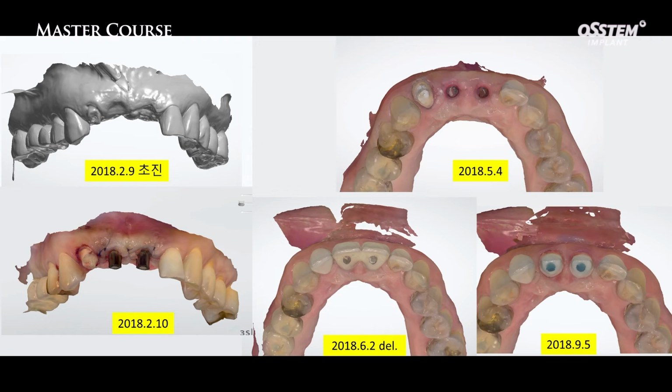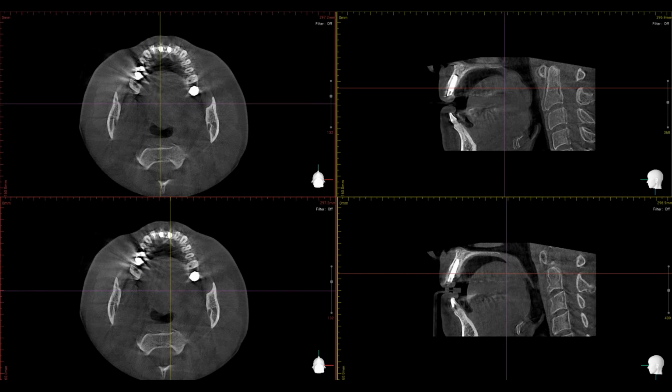There, gingiva molding was done with the temporary. Then he didn't come back until September, so remodeling was somehow done for 3 months, and in September the scan was taken on the abutment side. The buccal bone was done well on the palatal side.